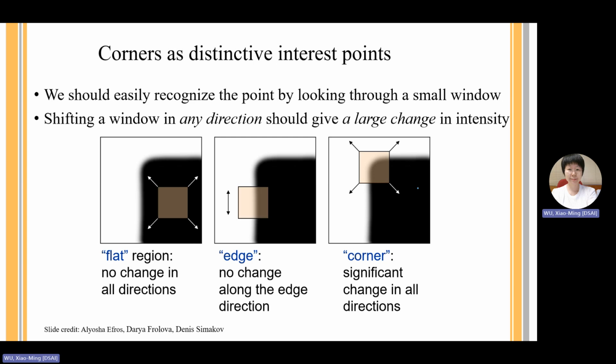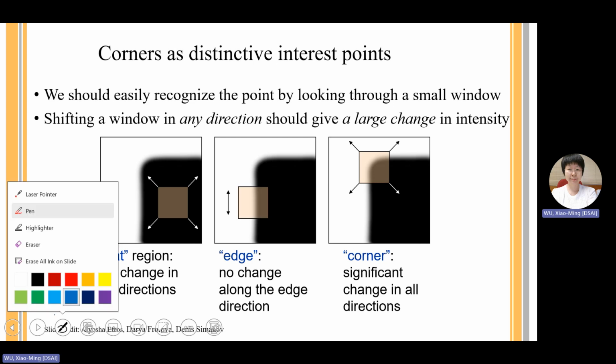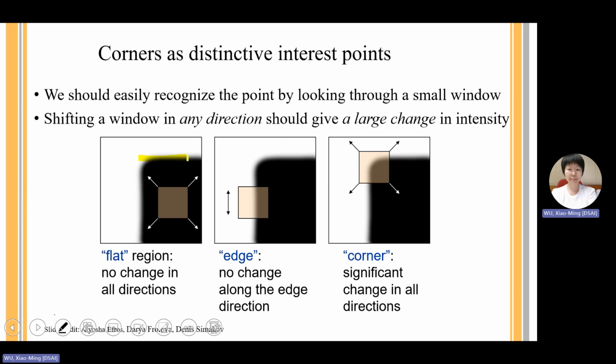So here we have a very simple image, and within the image you can easily see there's a corner here, and a corner here.